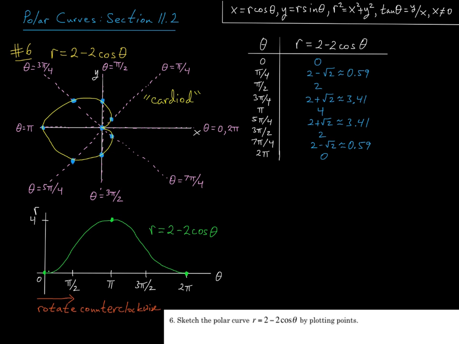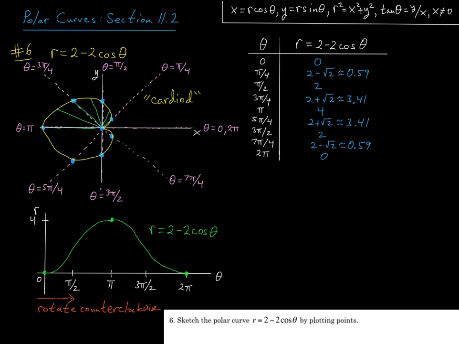And now as we start to rotate counterclockwise, our radial value is going to increase and reach a maximum of 4 when theta is pi. So you want to think about rotating and increasing your radial distance as described by this green curve down here, and we're going to hit a maximum radial distance of 4 when theta is pi.